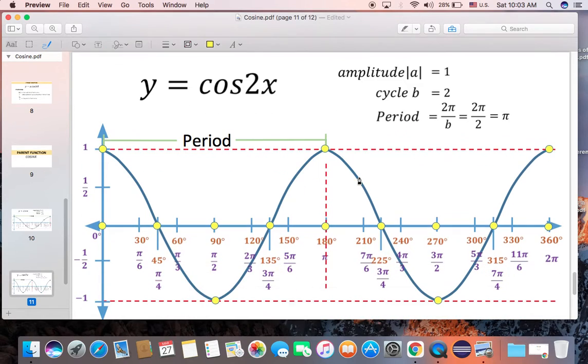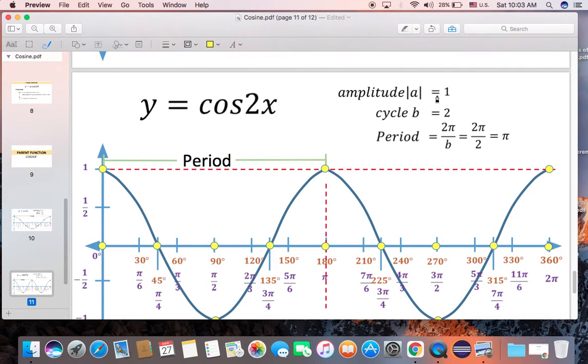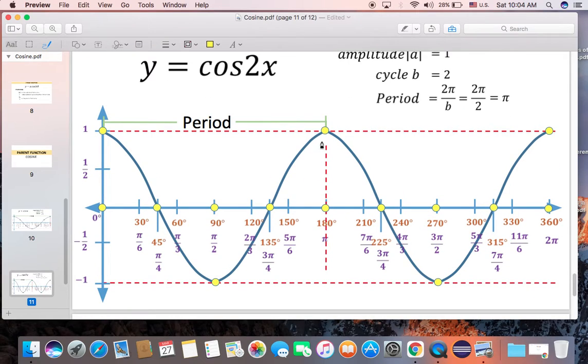So let's do it now. You see a equal 1. We start from here, 1, and move here until pi. If the period here equals pi, the red straight line should be here at pi. The red straight line is put at the period. If your period equals pi, the red straight line should be like this. If your period equals pi over 2, the red straight line should be like this in here. Understand?